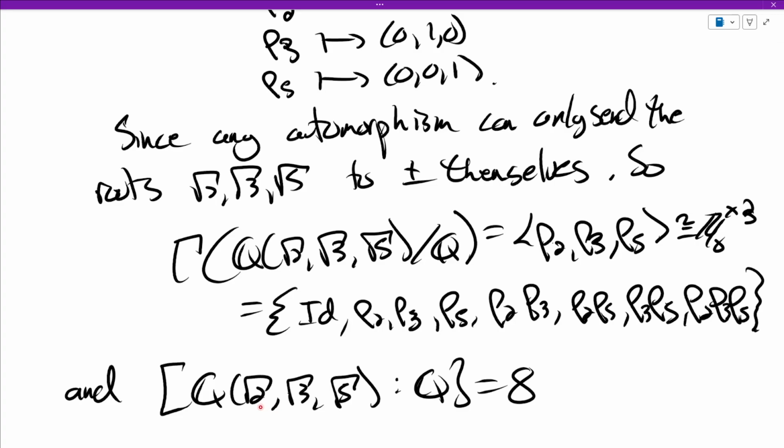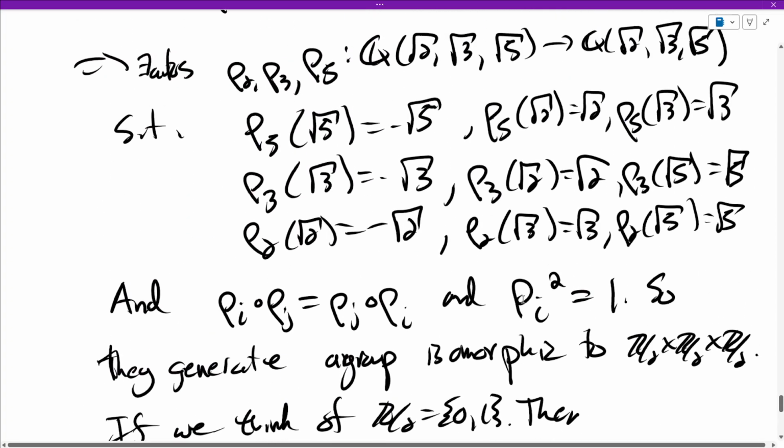So root 2 is an element here, and negative root 2 is in this field. Root 3 is an element here, it has negative root 3. Root 5 is an element here, negative root 5 is there. So it has all the possible roots that you'd want if you just cared about square roots of 2, 3, and 5. And the degree of the extension is the same as the order of the Galois group.